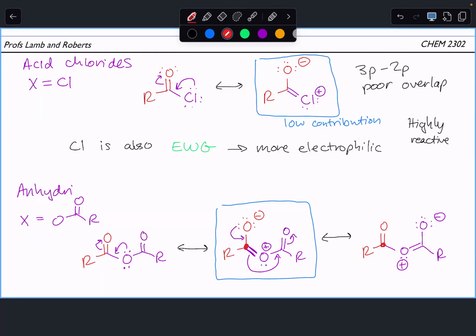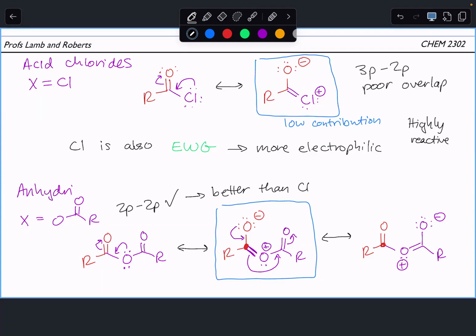So now it's carbon, oxygen, carbon, oxygen. All of these orbitals that we're talking about are from that second row. So now we have a 2p orbital and a 2p orbital, which is much better, right? Much better overlap. So this is better than our Cl, right?